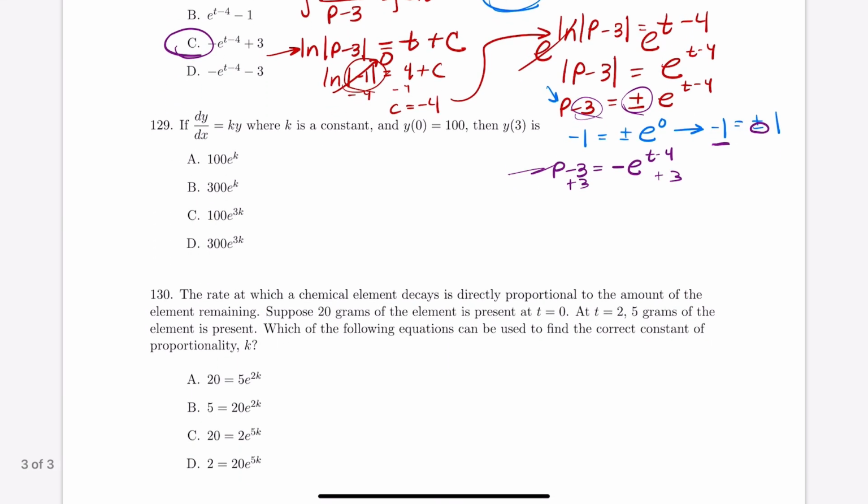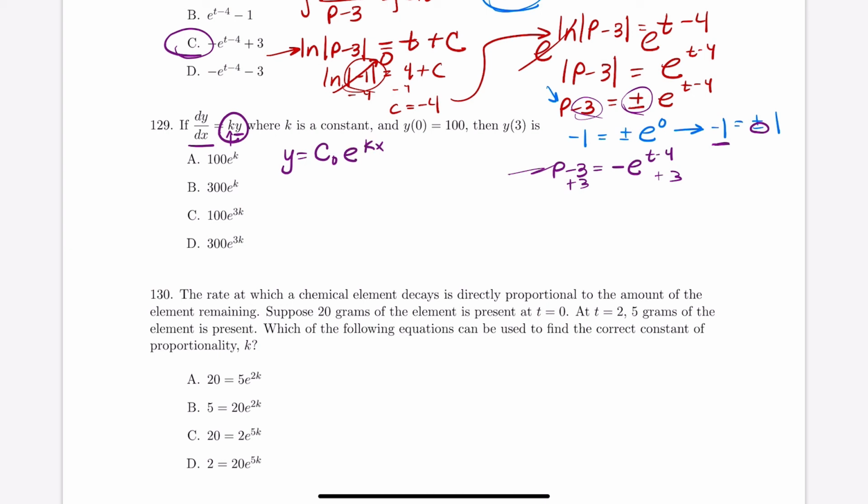Okay, so now for 129, it says if dy over dx is equal to ky, where k is a constant and y is 0. This is the one where, if you see it in this form, dy over dx is equal to ky, if you have just the constant times a y by itself, hopefully you remember that shortcut: y equals c initial, like our initial condition, times e to the kx power.